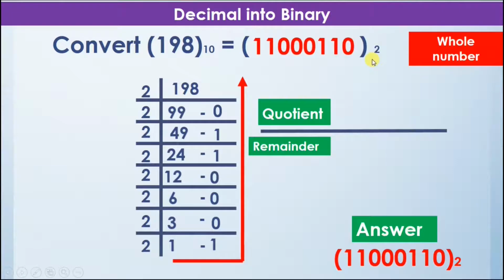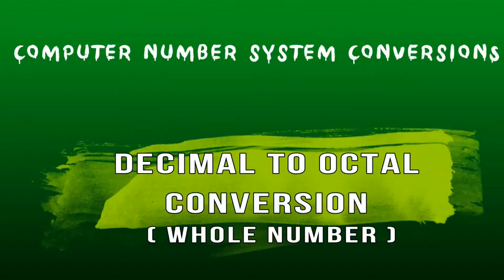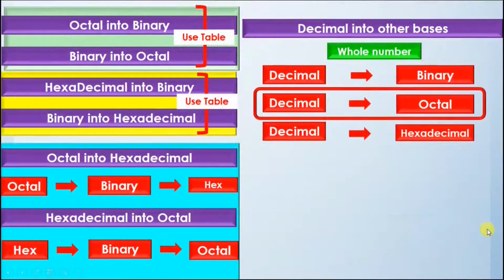And remember, this procedure is followed for whole numbers. So now we have done decimal into binary conversion using whole numbers. In the next slide, we will convert decimal into octal using whole numbers.